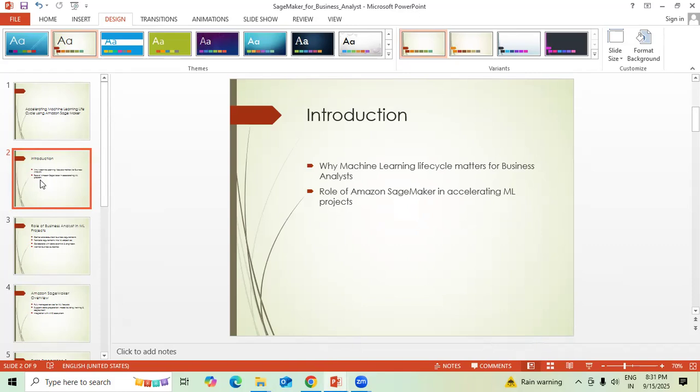Why is the machine learning life cycle important for a BA? At the same time, what role is Amazon SageMaker playing to accelerate machine learning projects? Because our focus is more towards the SageMaker point of view, so this is something that we must be knowing.